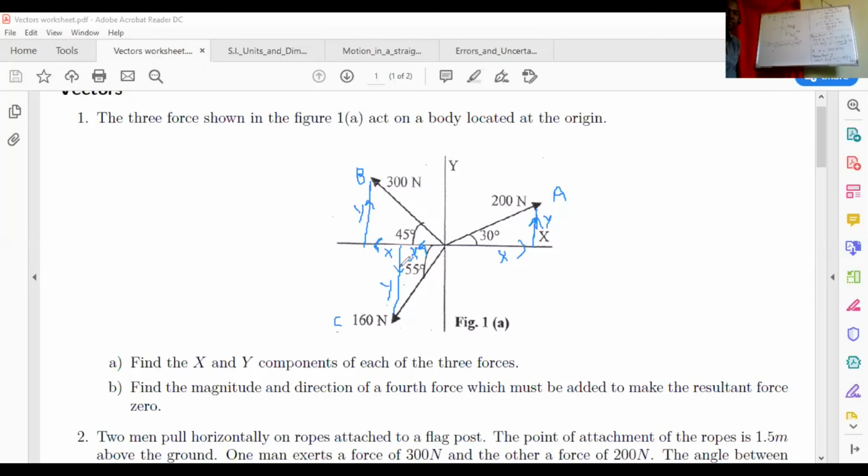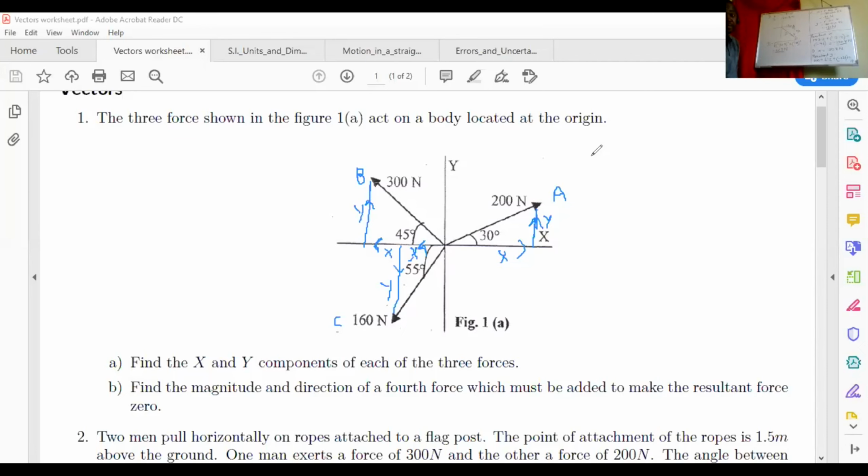And we get 223. So we get 223 newtons. So that means the value of d is 223.